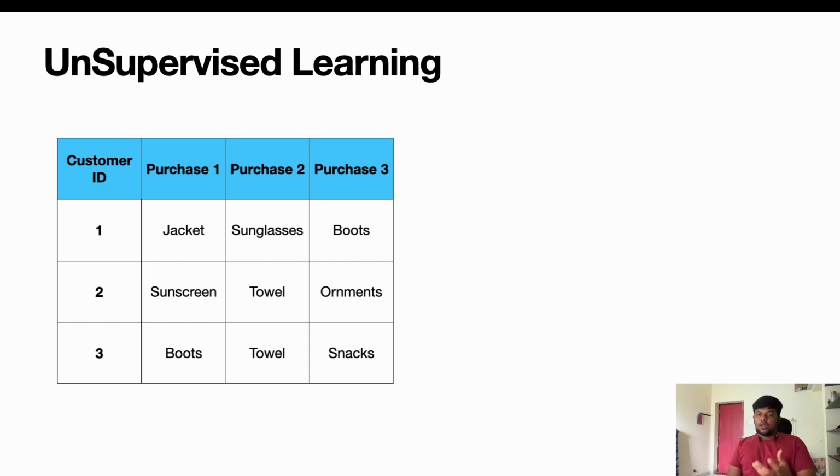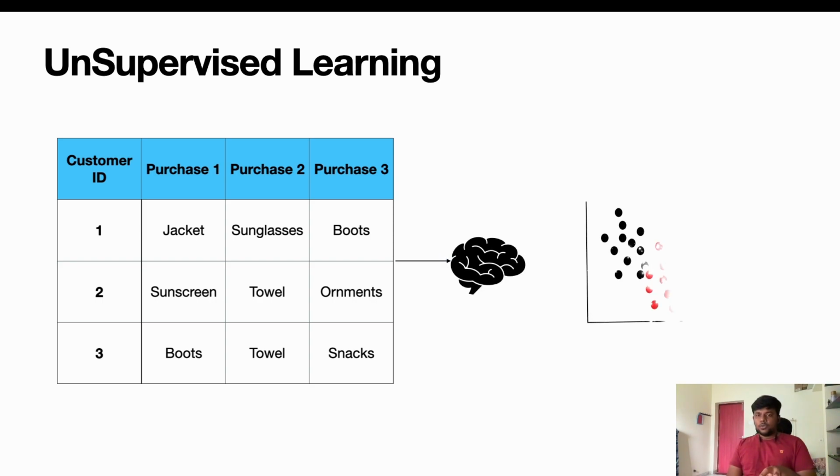If you are creating a model out of this data, it is called unsupervised learning. It will give a classification like whether this purchase was made in winter or summer.